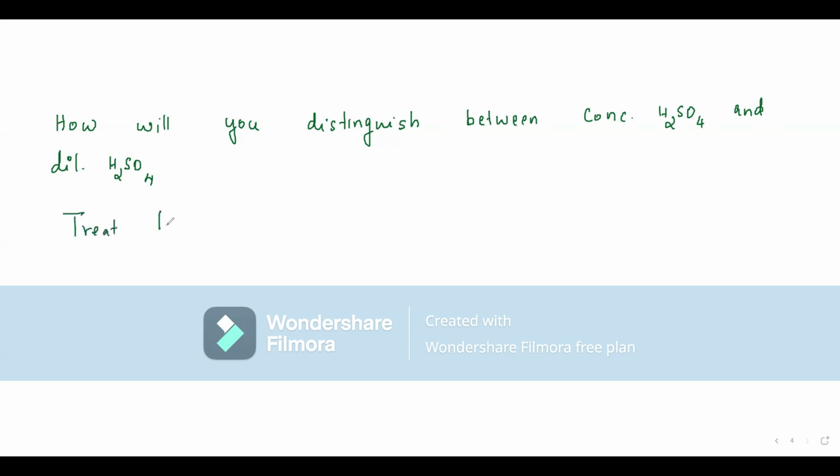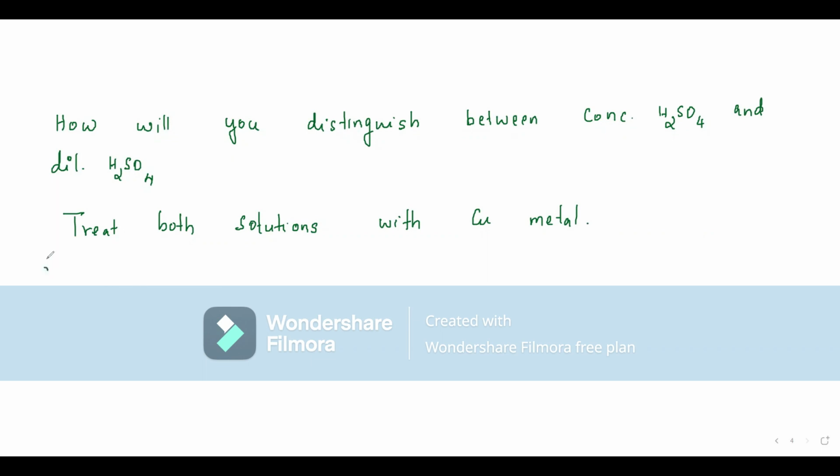Treat both solutions, that is concentrated as well as dilute sulfuric acid, with copper metal, a tiny piece of copper turnings or whatever. You just write copper metal, enough.